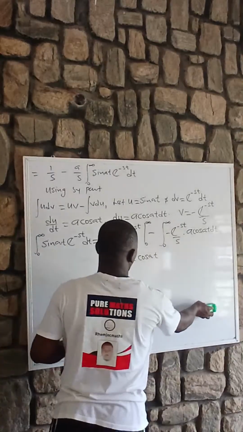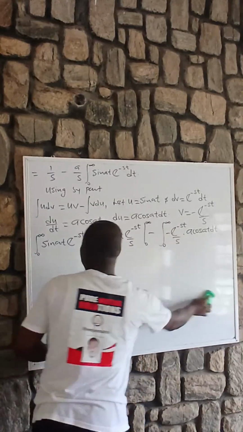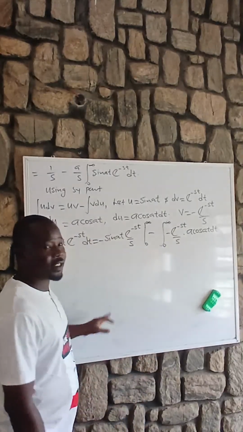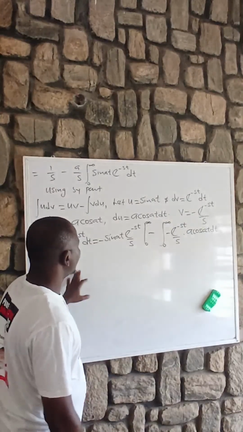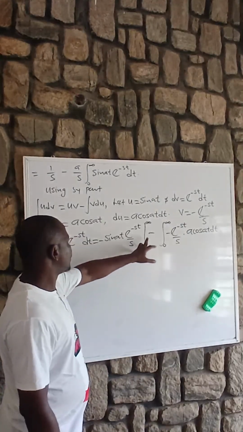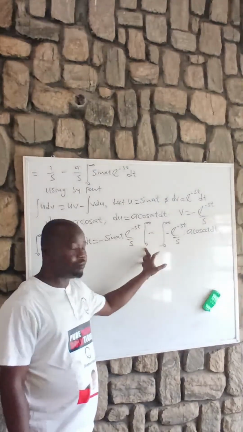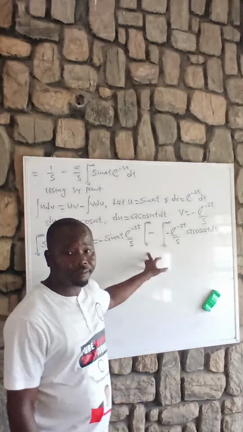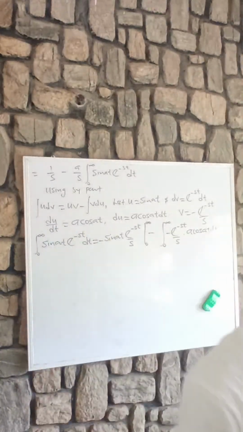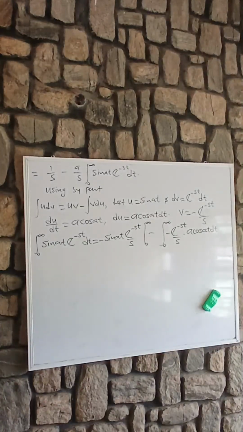If you check the first video, you will see it. Now let us proceed further. We are going to subtract the lower limit from the upper limit here. True or false? It's true, right?